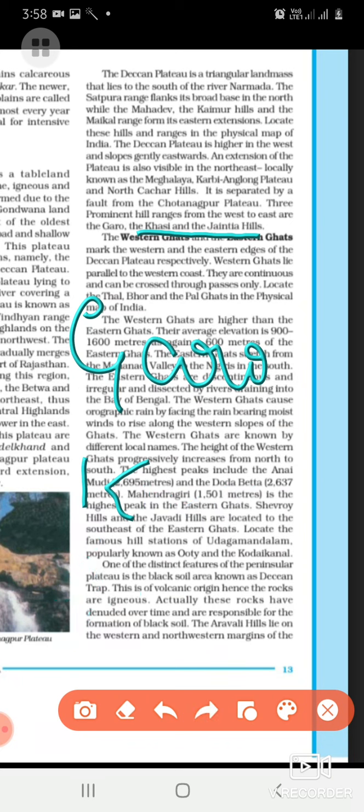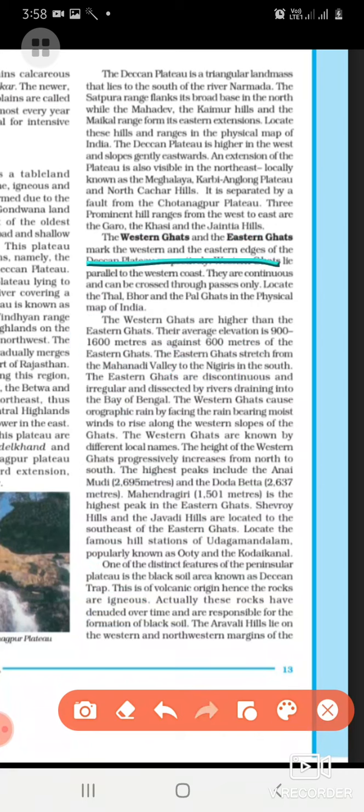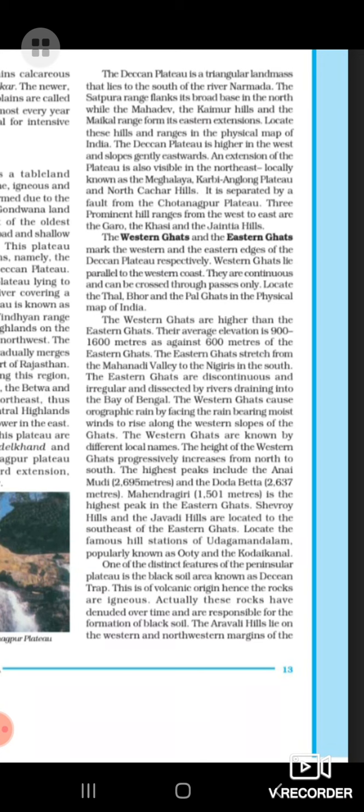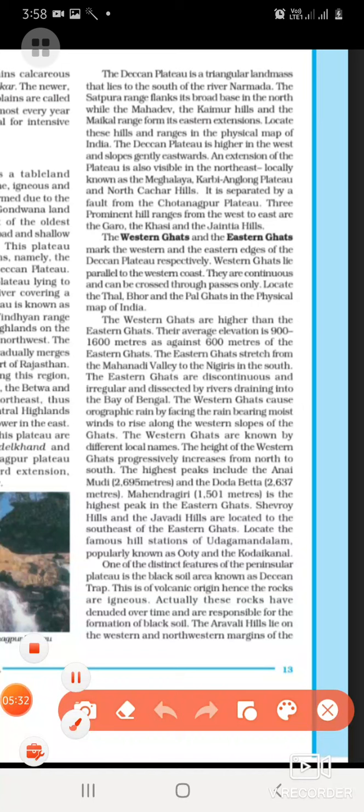Now let's talk about the Western Ghats and Eastern Ghats. Again, you have to see this on page number 13. The Western Ghats and Eastern Ghats mark the edges of the Deccan Plateau. Do remember, they are on the sides of the Deccan Plateau. This is very, very important to know.